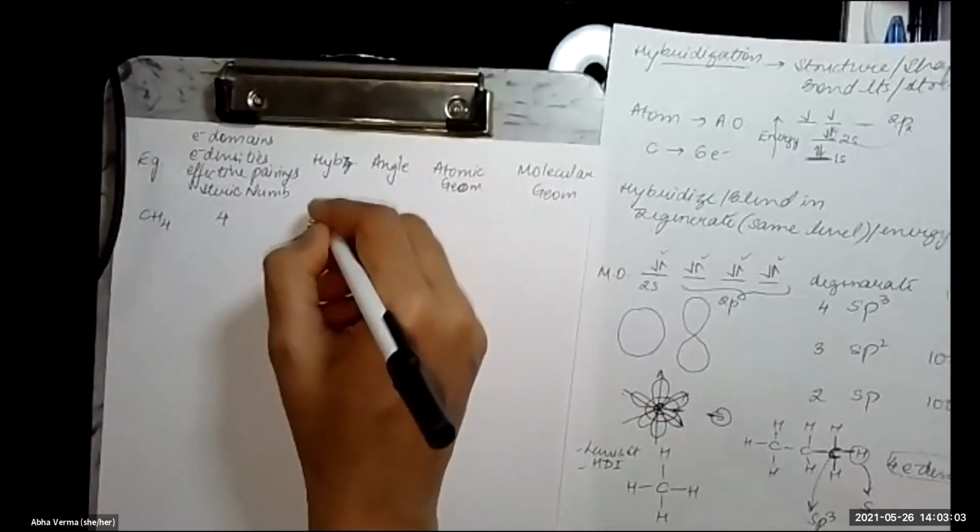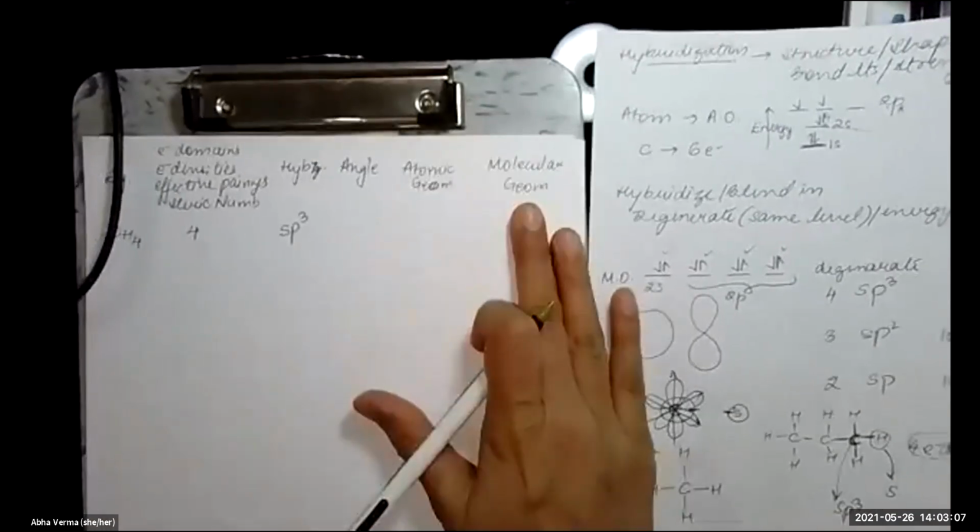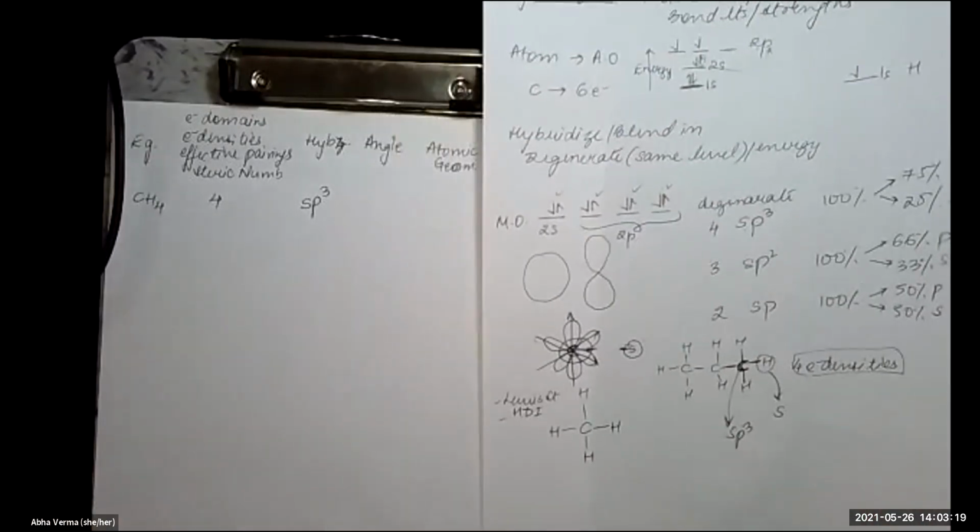So what is the hybridization associated with 4? sp3. Now what I'm going to explain to you next is a little different from what you have studied so far. We have been drawing this square rectangle.